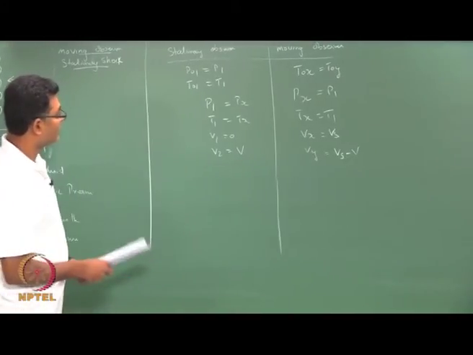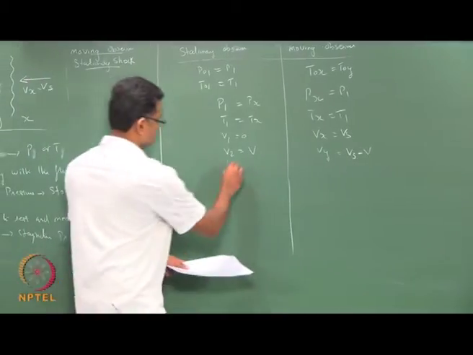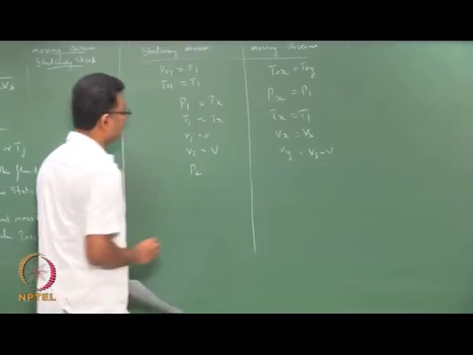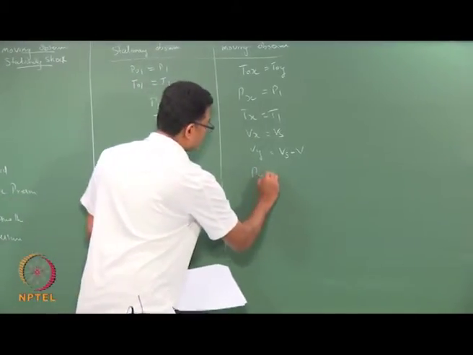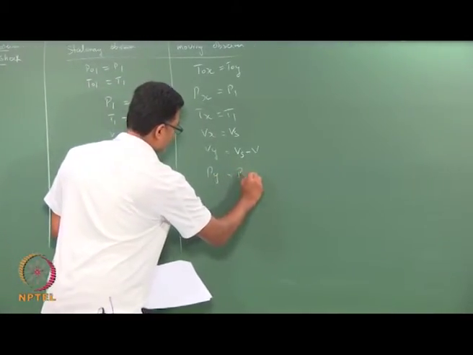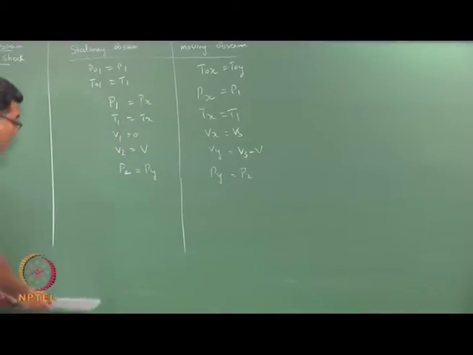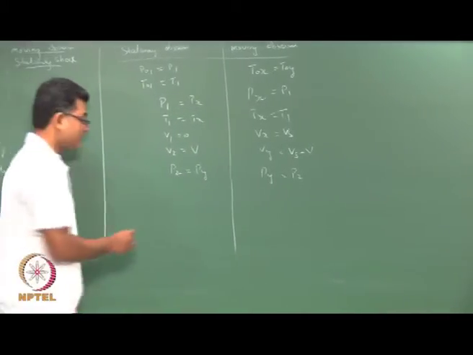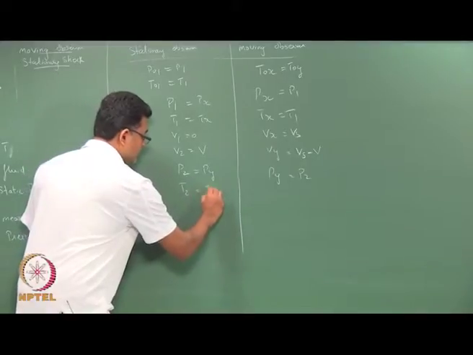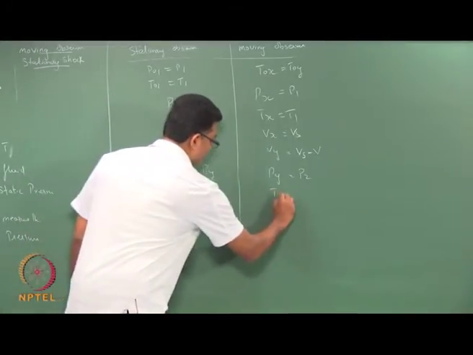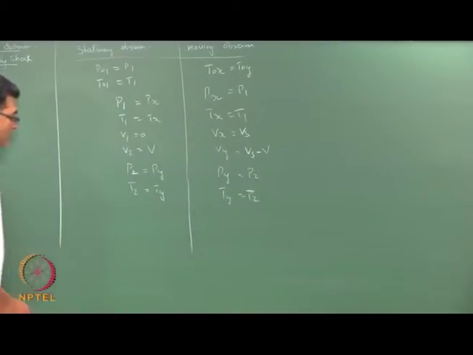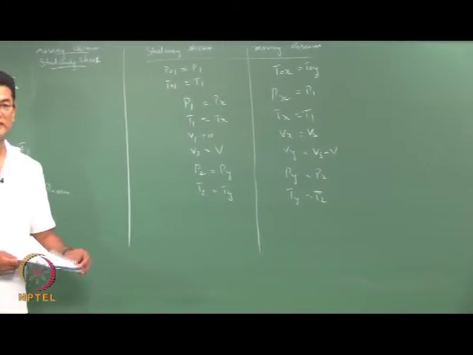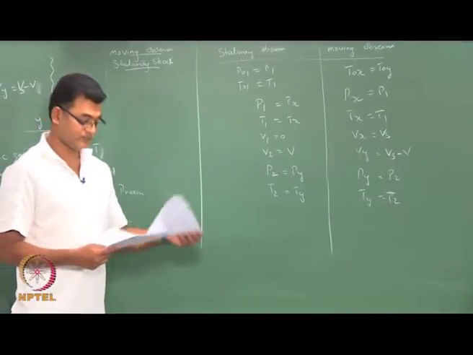And the static quantities after the shock, so you can write P2 is my Py and Py is my P2. Likewise, T2 also, because that is a static quantity which is not changing because of the coordinates, whether it is moving or not.